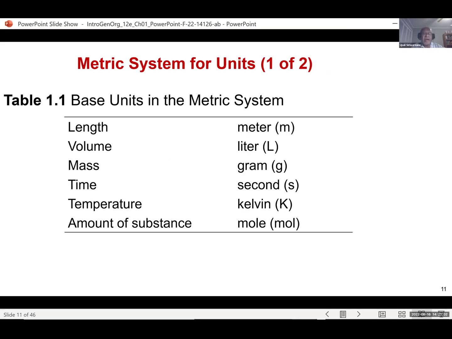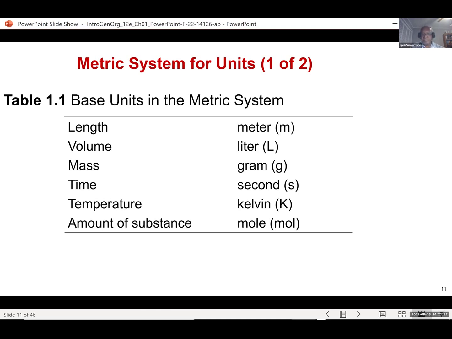Okay, there are 7 base units. Length is indicated, unit is meters, indicated by small m. Volume is liters in the metric system. Mass is grams. Time is seconds. Temperature is Kelvin.